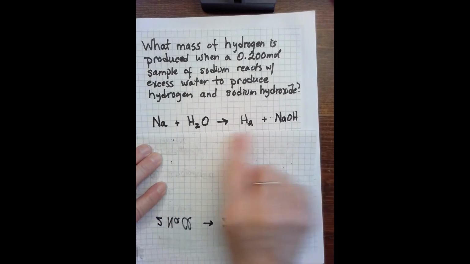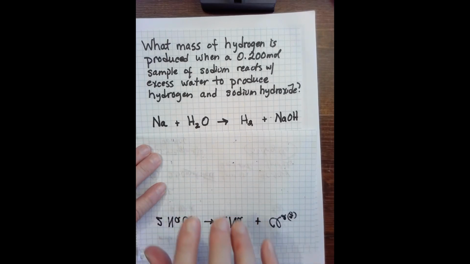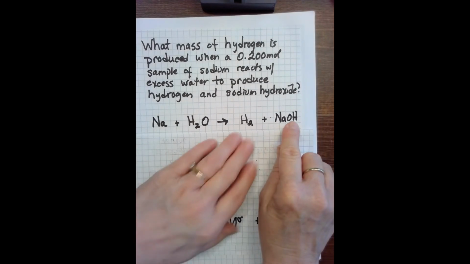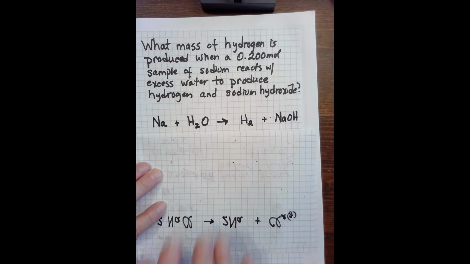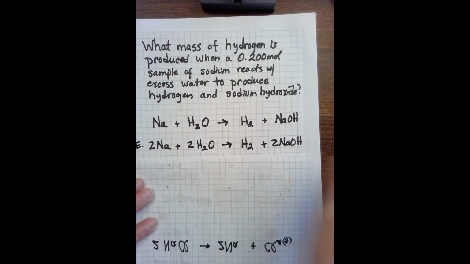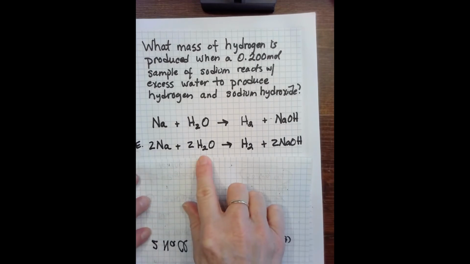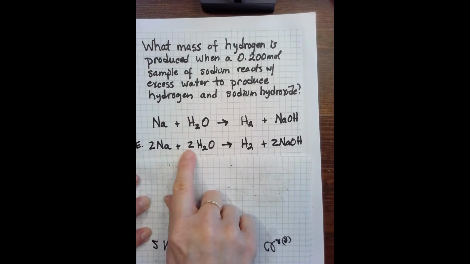So I'm going to look and see, I've got 2 hydrogens here, 2 hydrogens. Oh, that's all good. Are we ready to go? Oh, no, I have another hydrogen here, so that doesn't work, does it? So we're going to need additional hydrogen. So let's go ahead and balance it this way. With a 2 here, 2, 2. So 2 sodiums, 2 sodiums.